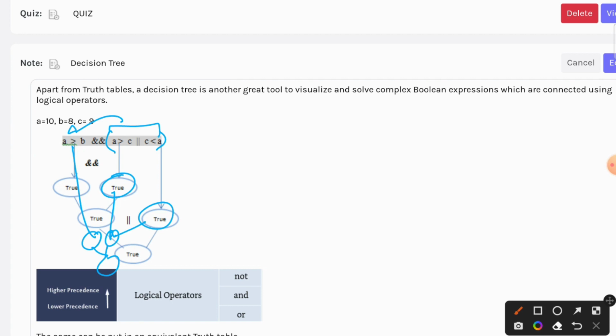So when you say a is less than or equal to b, you want to play with a number where a and b both are equal, because you don't want to try only with less than. When the expression says less than or equal to, you want to try one time less than value, another time equal to value, and see what is the result you are getting.